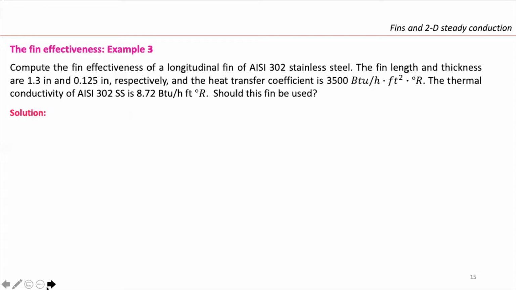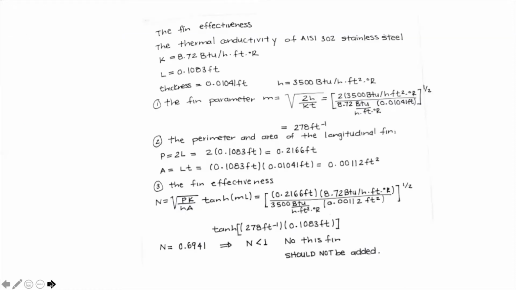Well, we need to calculate the effectiveness, right? I calculated the fin parameter m, that is the square root of hP over kA, and that gives me 278 feet to the minus 1. The perimeter for a longitudinal fin is 2L.